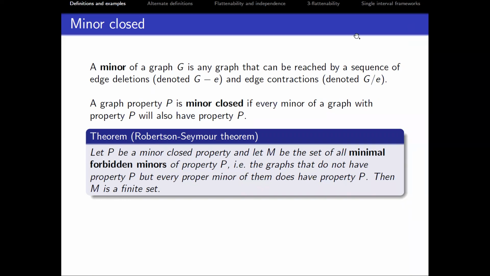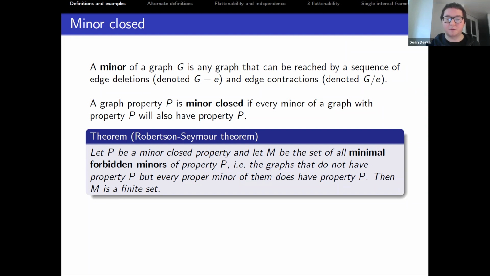So is this theorem saying that for graphs that are large enough, if every proper minor has this property P, then this graph will have property P? No. This is saying that a minor closed property is a property on every single finite simple graph ever.